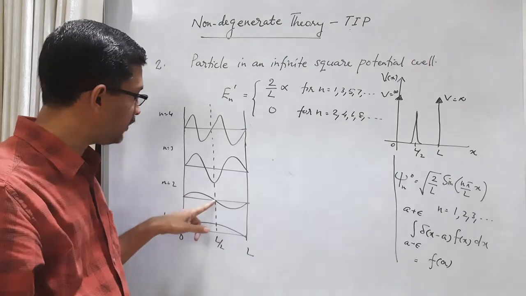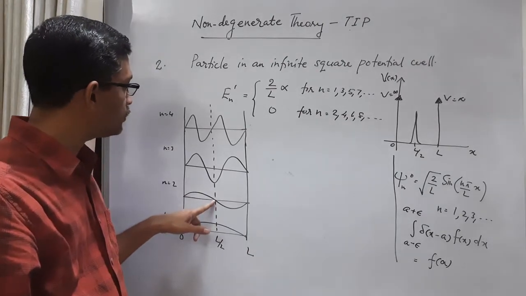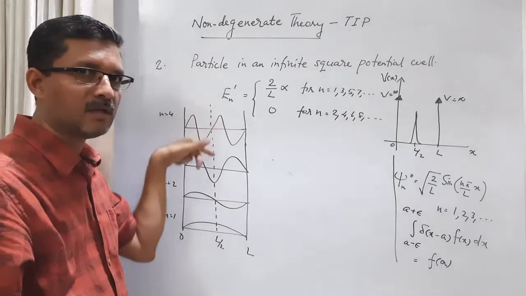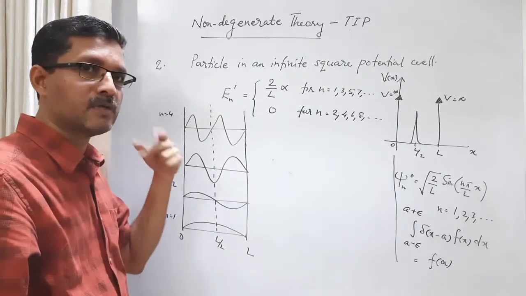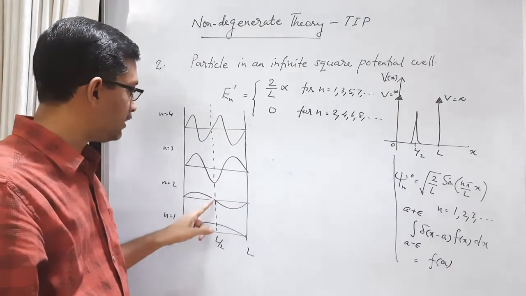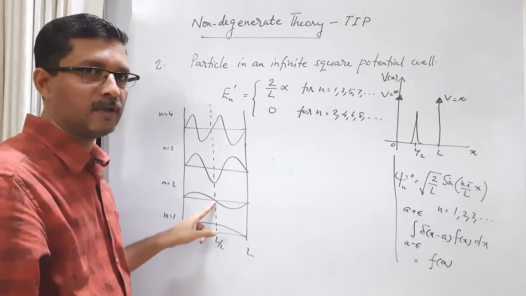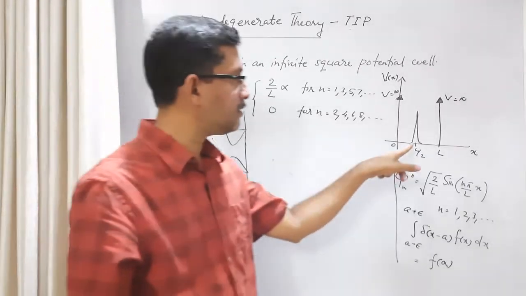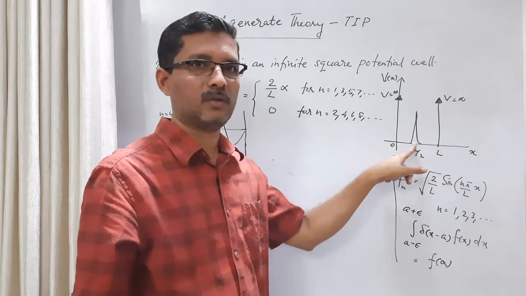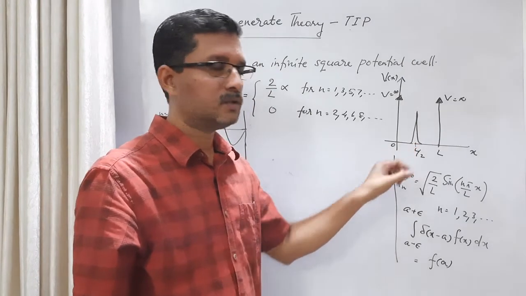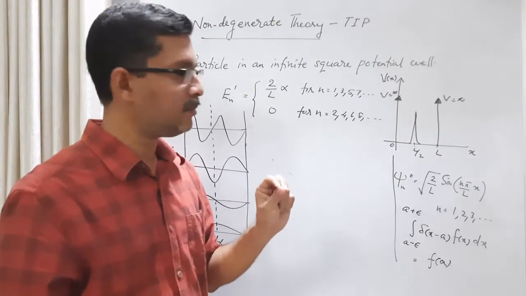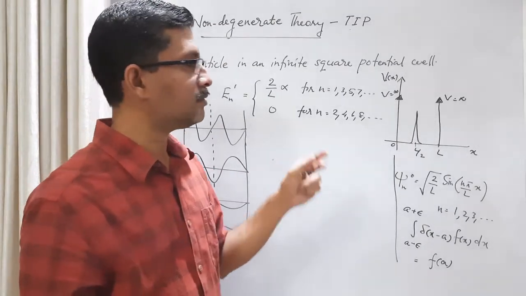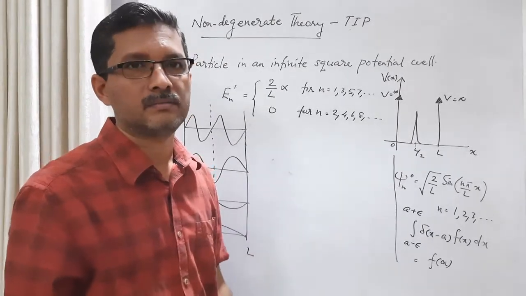You can see that at x equal to L by 2, psi 2 is 0, psi 4 is 0, etc. For all even numbered wave functions, psi 2, psi 4, psi 6, etc., they are 0 at x equal to L by 2. See, our perturbation is applied at x equal to L by 2. So what happens for these even numbered wave functions is, they don't experience the perturbation.